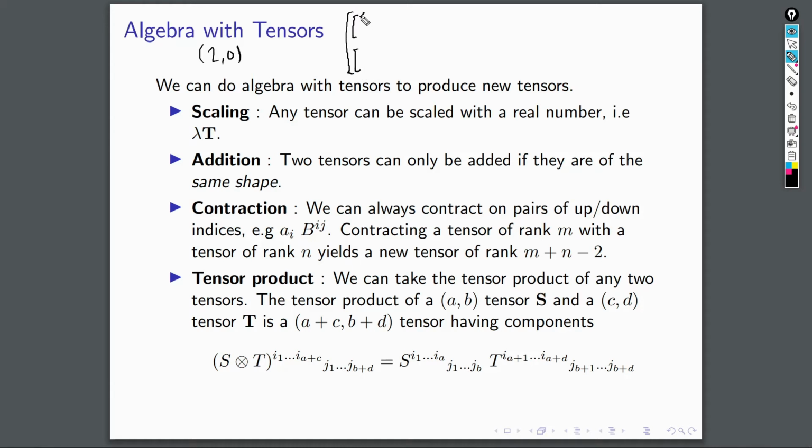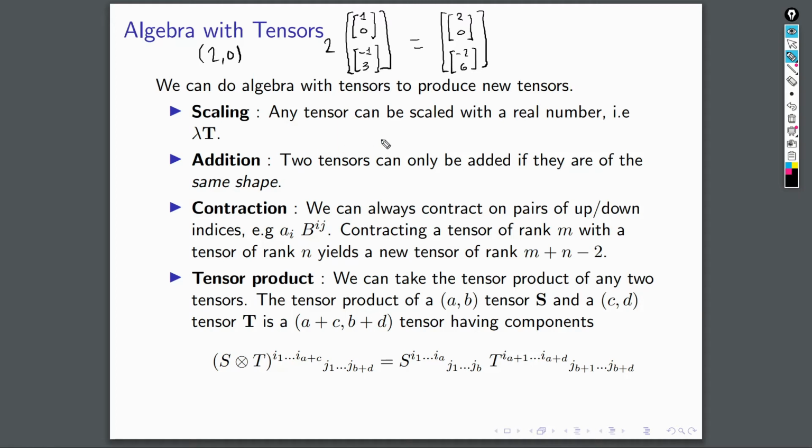So let's say I have 1, 0, minus 1, 3. And I can scale that. I can multiply it by 2, and that's just going to move into the entries. So 2, 0, minus 2, 6. Okay, you can do that.